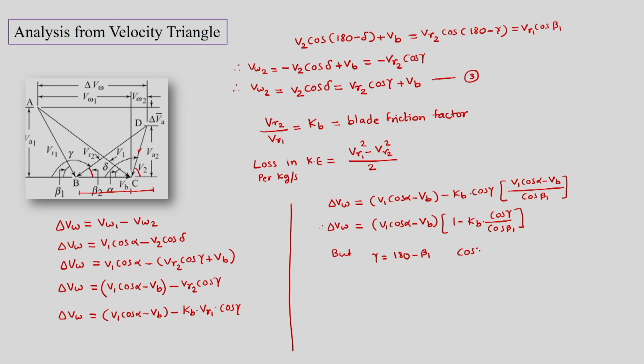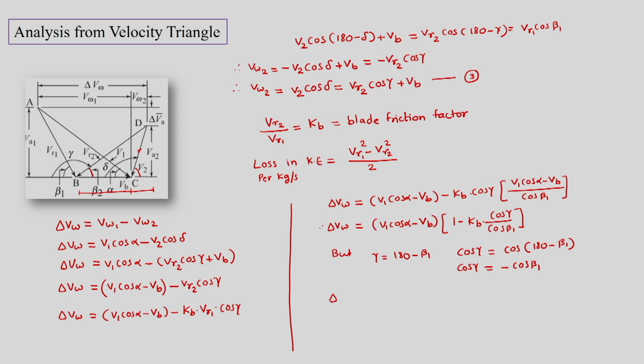So cos gamma is equal to cos of 180 minus beta 1, and cos gamma is equal to minus cos of beta 1.